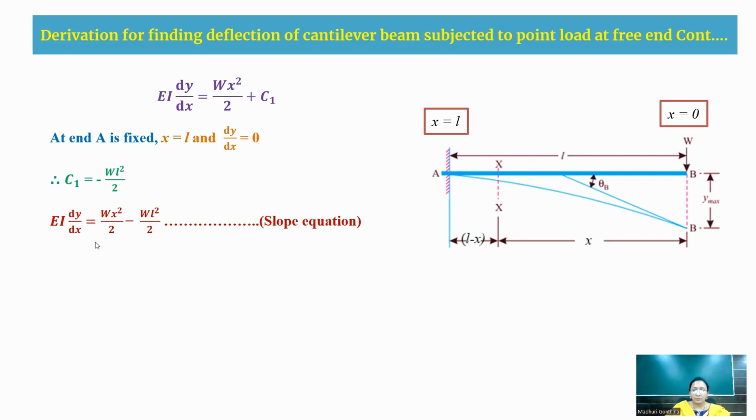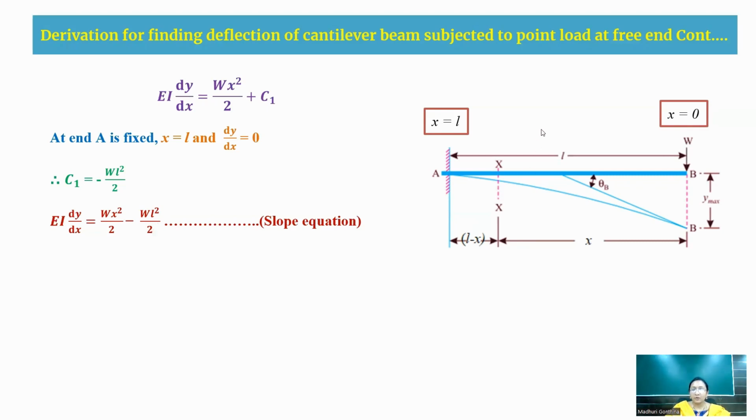By using the slope equation, you can find the slope at any point of the beam, from x equal to 0 to x equal to L. If you substitute x equal to 0, I'm going to get the slope at the B point, that is minus W L square by 2.